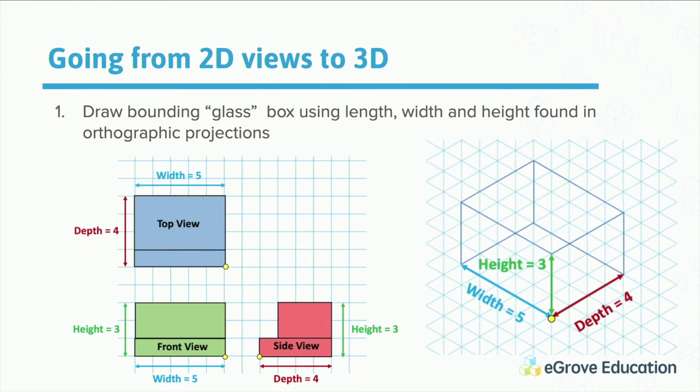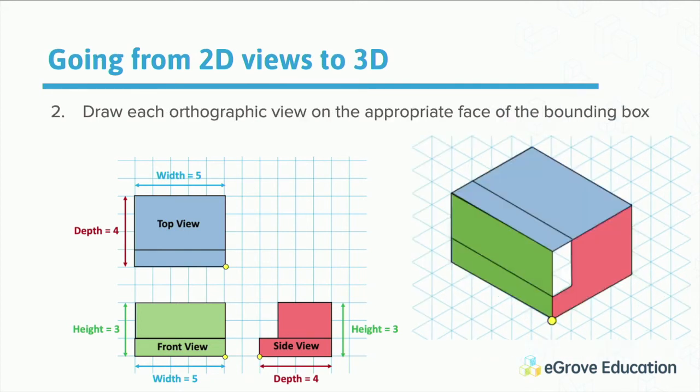Going from 2D to 3D, we first take our depth, our height, and our width from the views, and we create what we call a glass box on the right-hand side. Our top view shows that we have a width of 5 and a depth of 4, and maybe our front view shows us what our height is, and we can create what we call the bounding box, the glass box.